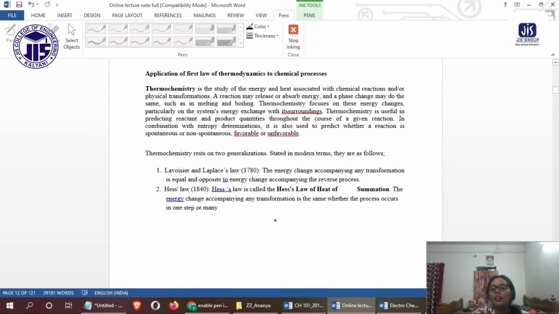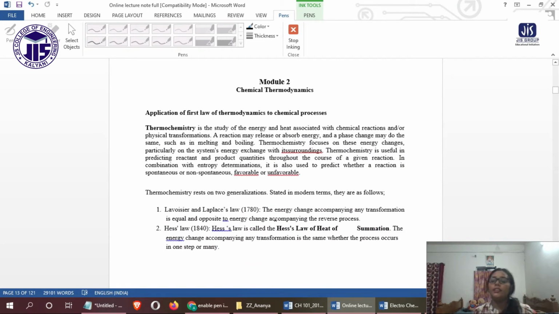Now today we will see what the applications of the first law are and what the second law of thermodynamics is, and we will also discuss the applications of the second law. So, application of the first law of thermodynamics: thermochemistry is the study of the energy and heat associated with chemical reactions or physical transformations.